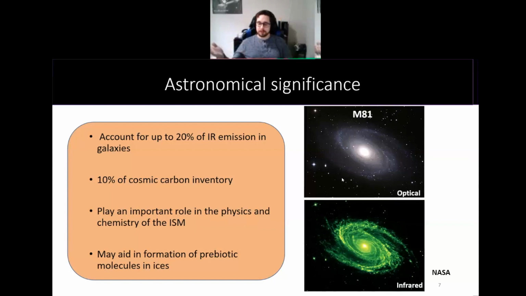And these molecules include amino acids and amphiphilic molecules that are found in cell membranes. So there are multiple reasons that we would like to better understand these PAH emissions and how they are connected to their environment.